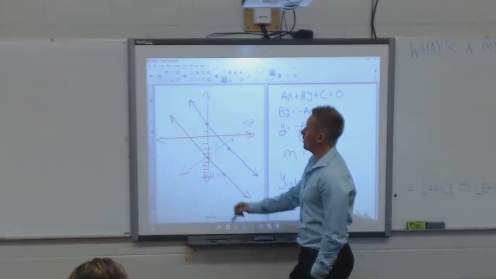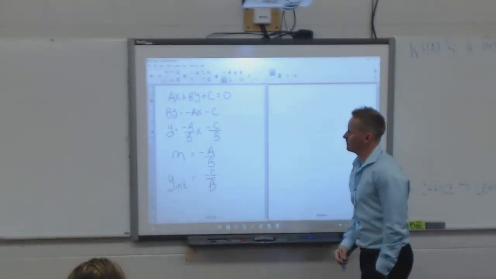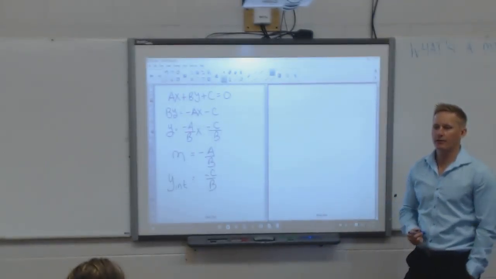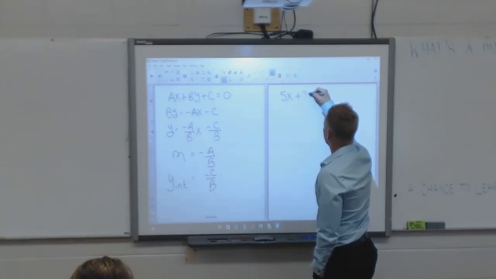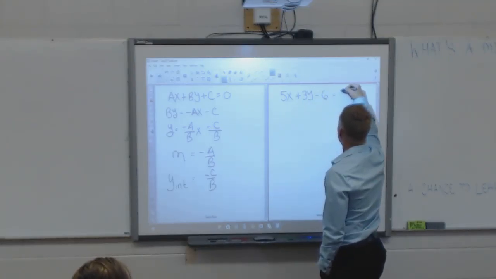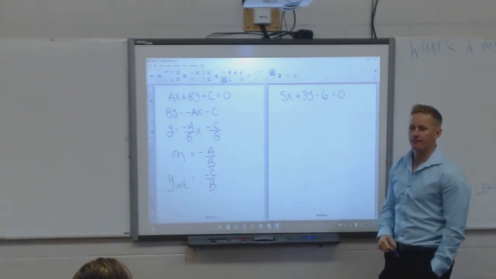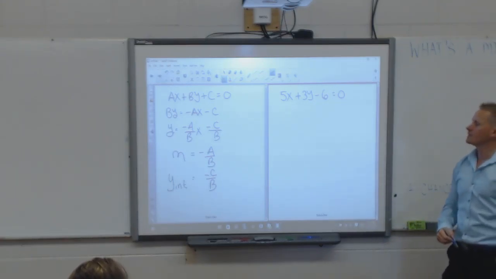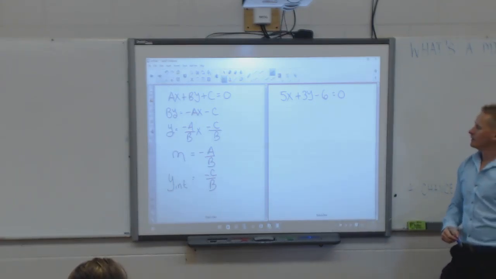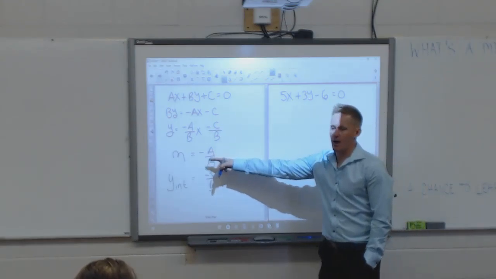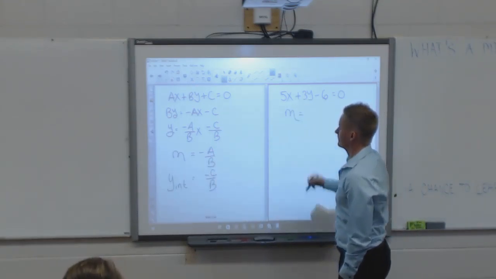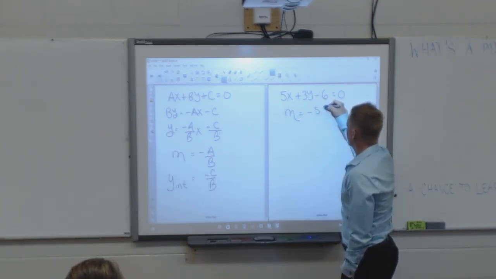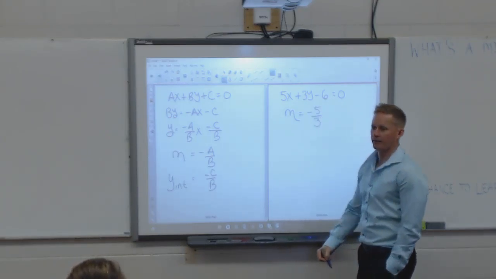Okay. We're still unsure how this works. Well, let's look at the equation I just had. What's my A value? 5. What's my B value? 3. So with this in mind, what is my slope? -5/3.